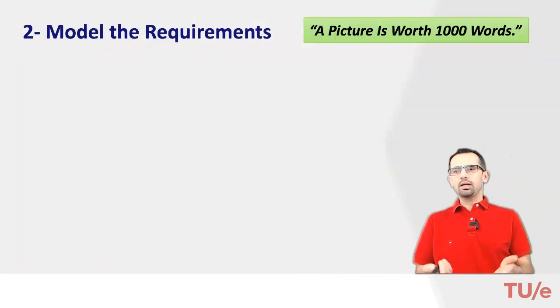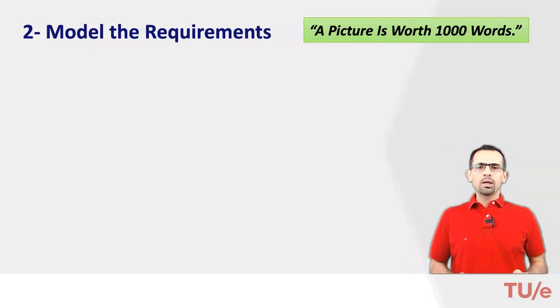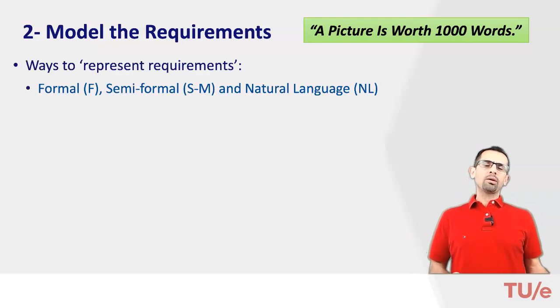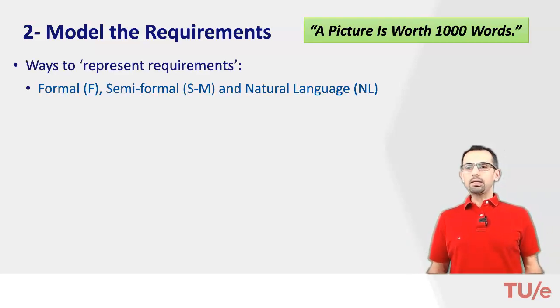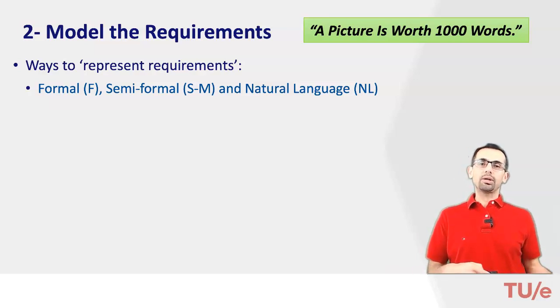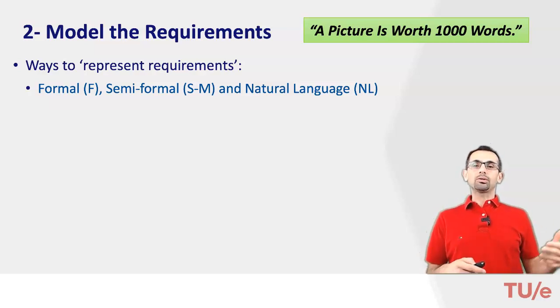The second best practice is modeling the requirements. How do we represent the requirements? We basically use more or less 3 ways. We can use a very formal way, and the least formal way would be to use natural language.